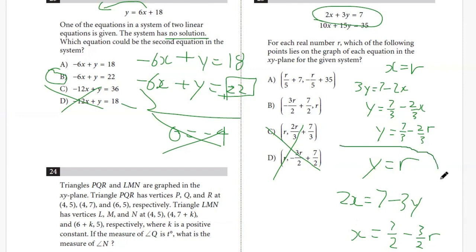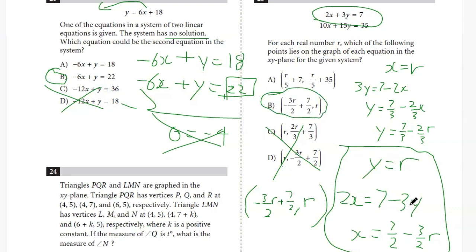And since we do have an answer choice option here, I'll write the set down. So it is 3 over 2r plus 7 over 2, comma r. E is the correct answer choice here.